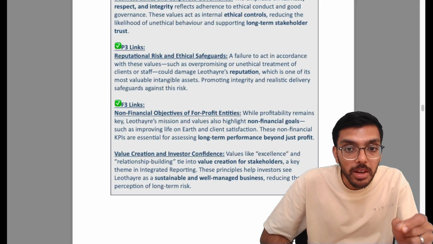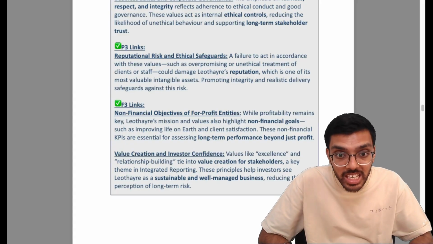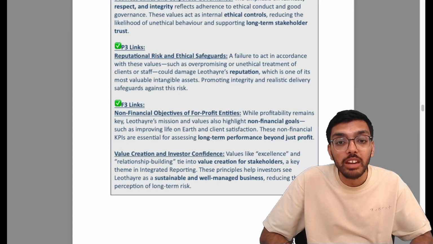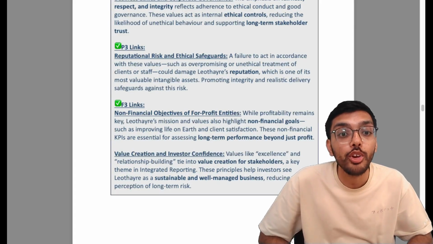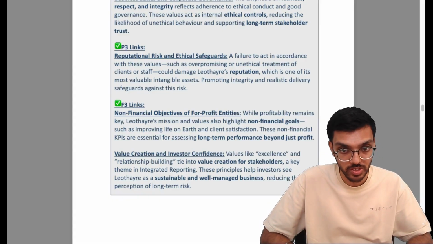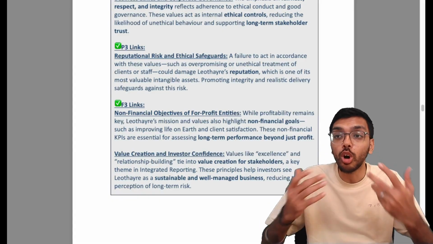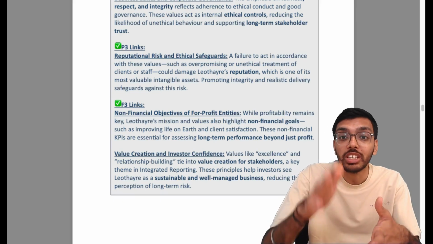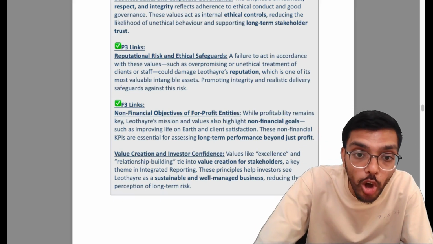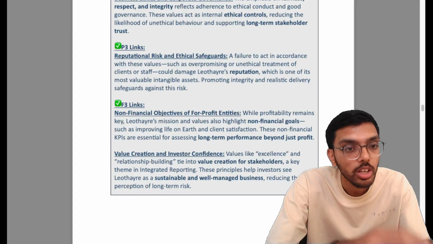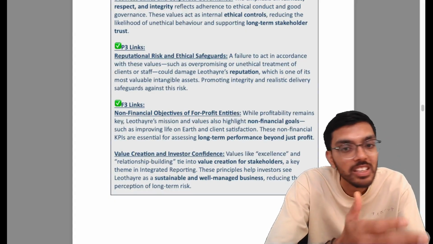Also, please remember that while profitability remains key, Leothayre's mission and vision also highlight non-financial goals, such as good long-term performance, innovation, integrity. We are focusing on non-financial things as well.